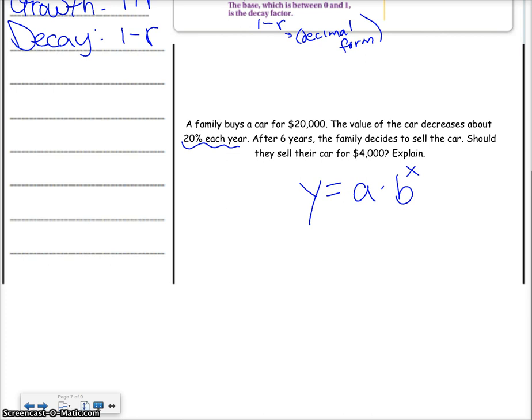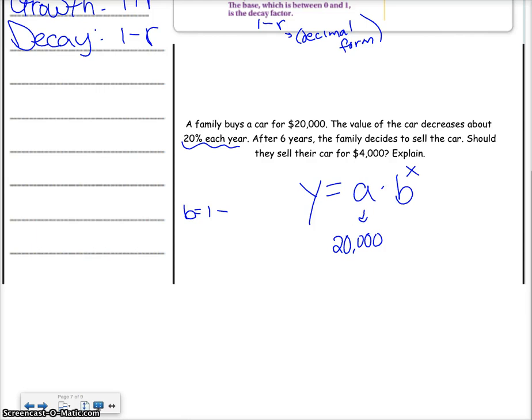So I need my initial amount. What's the initial amount of my car? 20,000. 20,000 is the initial amount of the car the family got. And B is your decay factor here because its value is decreasing. So B is going to equal 1 take away the percent it's decreasing. 20%.